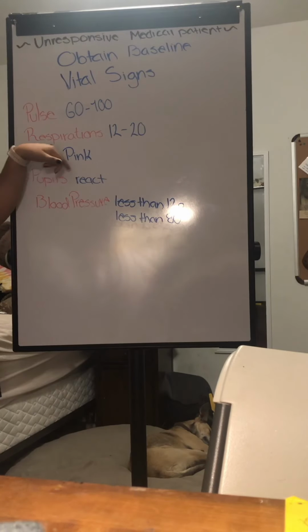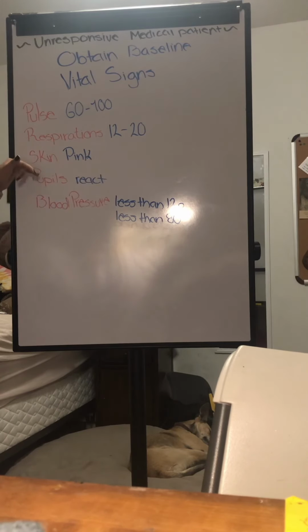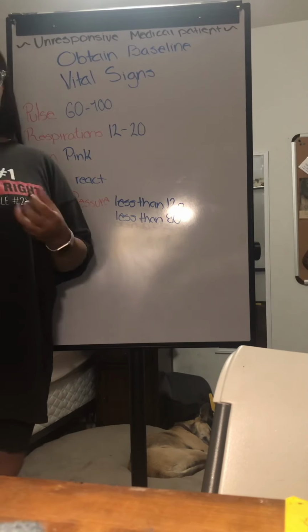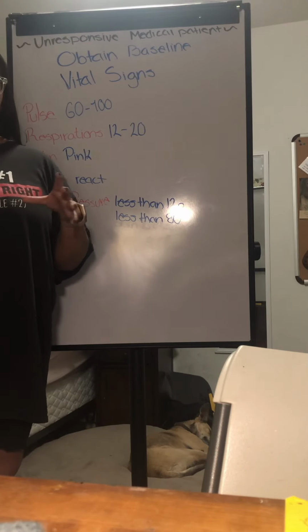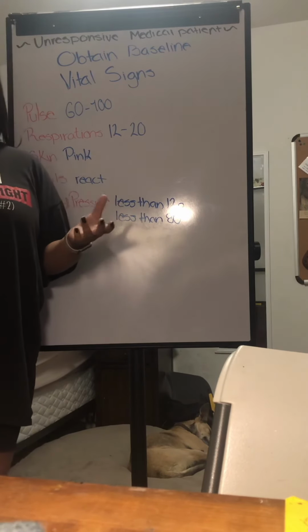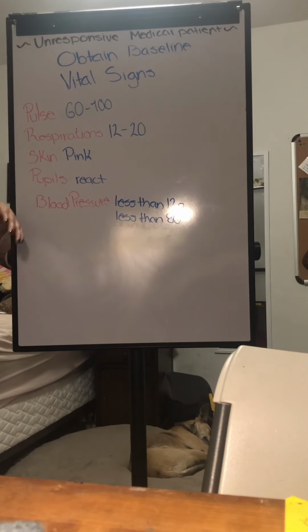So then from there we go on to respirations, which the rate is 12 to 20 per minute. That's so we know he's having good breaths, he has a good chest rise and fall. They're all the same, so he's breathing correctly and it isn't forced.